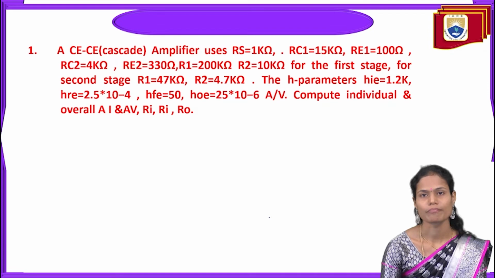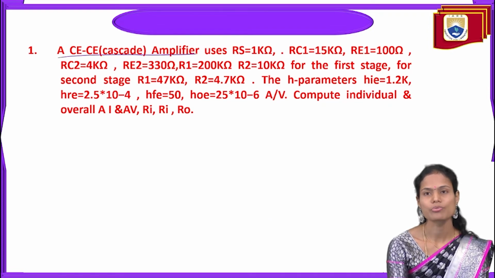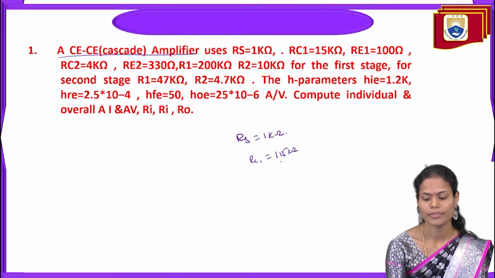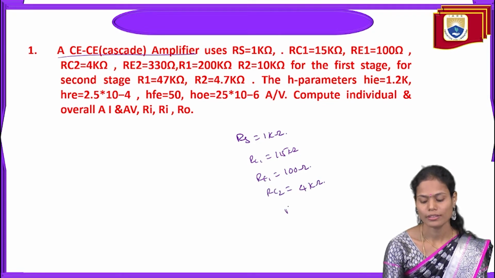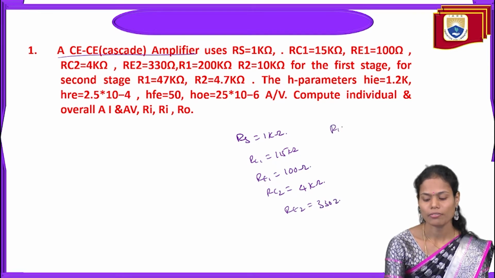The first problem given in the part A is a CE amplifier that uses the source resistance as 1 kilo ohm, the collector resistance as 15 kilo ohms, and the emitter resistance of the first stage as 100 ohms. The collector resistance of the second stage is 4 kilo ohms and the emitter resistance of the second stage is 330 ohms. R1 is 200 kilo ohms and R2 is 10 kilo ohms for the first stage.